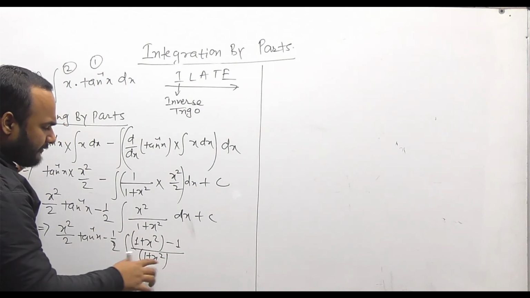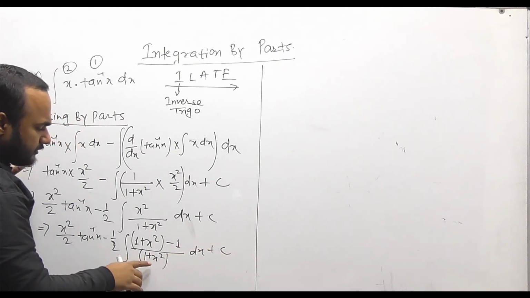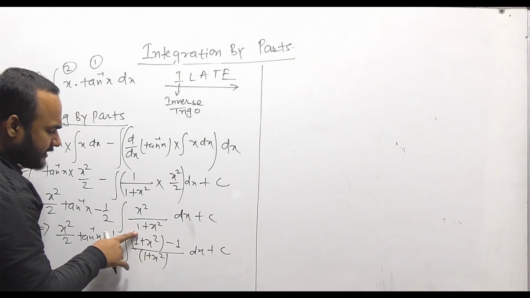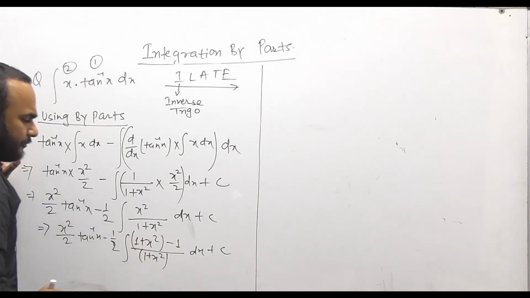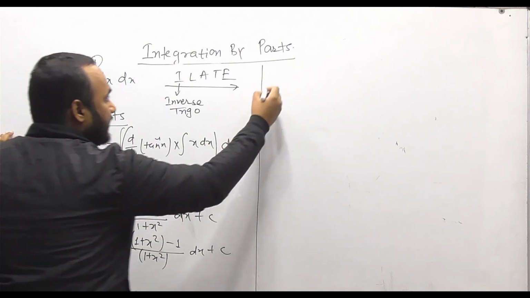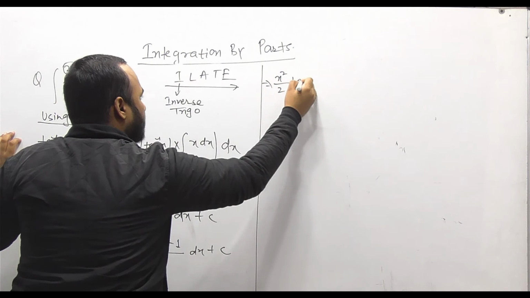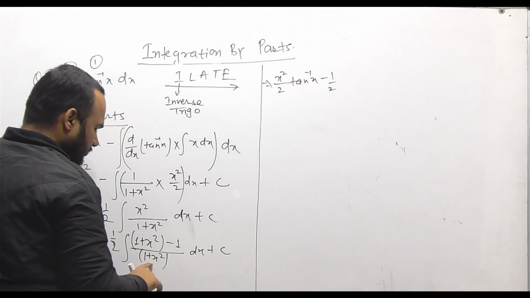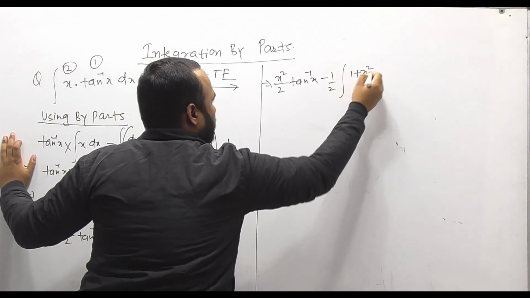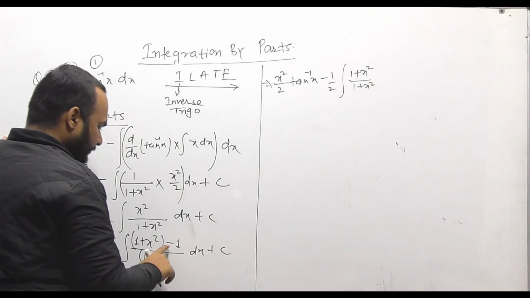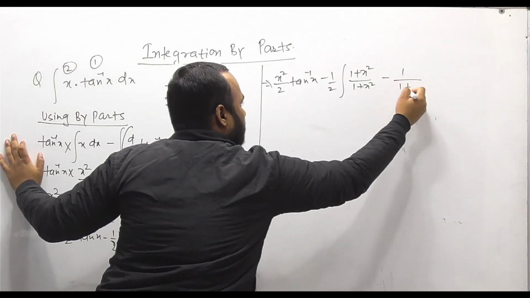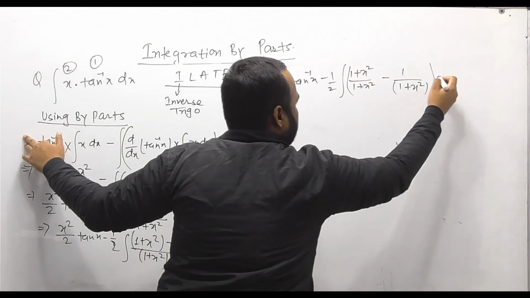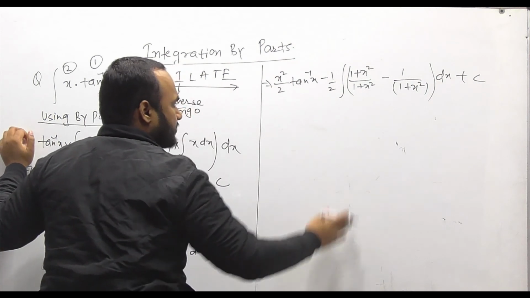So now I will divide the numerator by 1 plus x square separately. 1 plus x square will be used to divide this, and then 1 plus x square will be written below 1. So this whole term can be written as x square by 2 tan inverse x minus half, 1 plus x square over 1 plus x square minus 1 over 1 plus x square, into dx, because we have to integrate it, plus some arbitrary constant c.